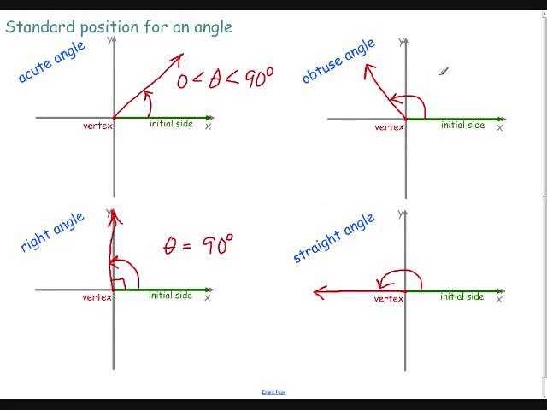For an obtuse angle, theta is greater than 90 degrees, less than 180 degrees. And for a straight angle, okay.